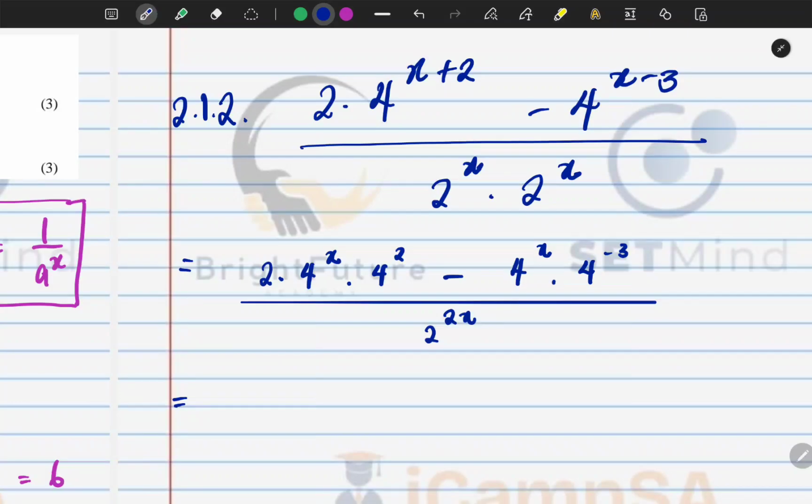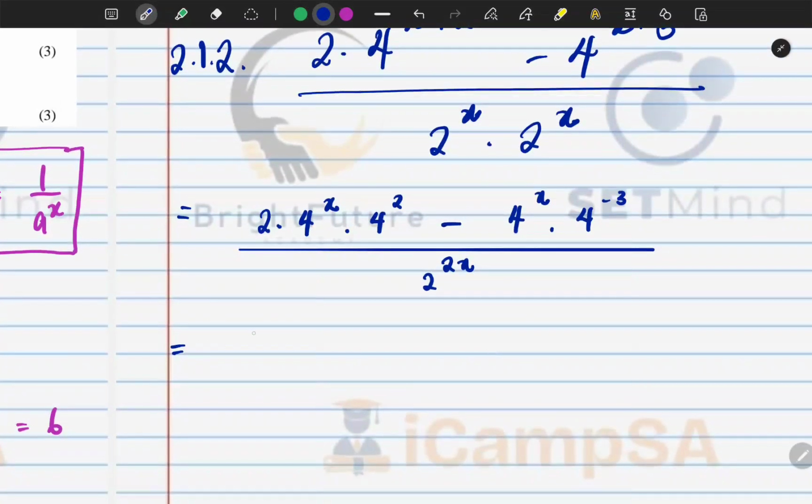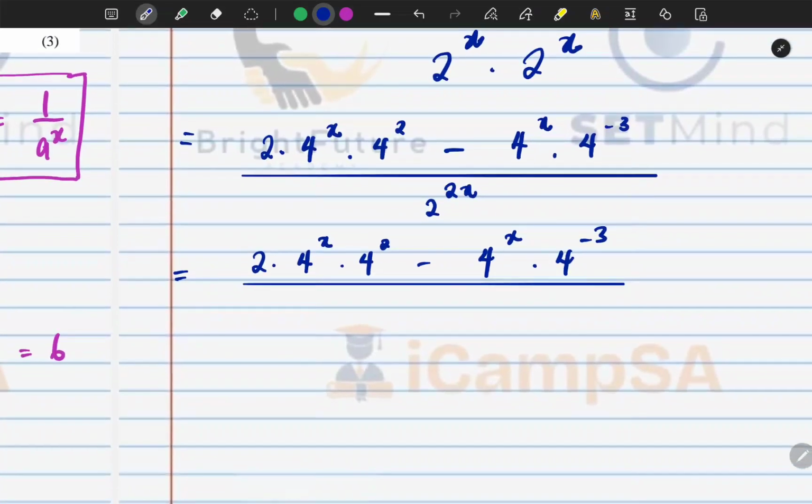Now we still have to simplify this further. So we are going to have 2 to the power of 4x times 4 squared minus 4 to the power of x times 4 to the power of minus 3, all over 2 to the power of 2x, which is the same thing as 4 to the power of x.